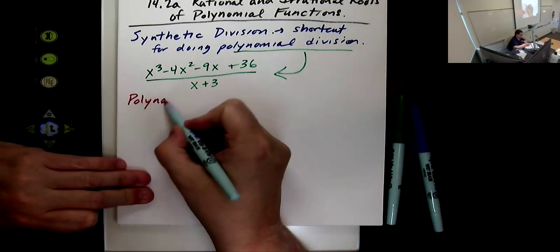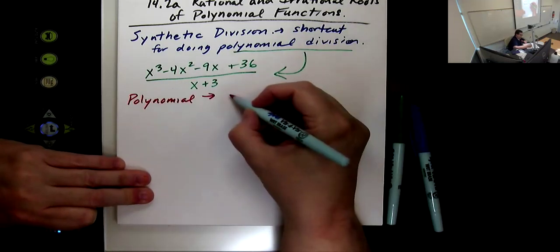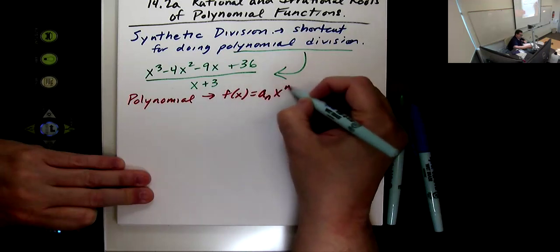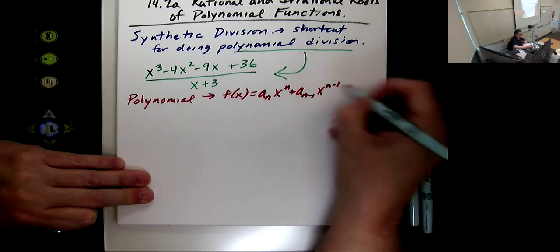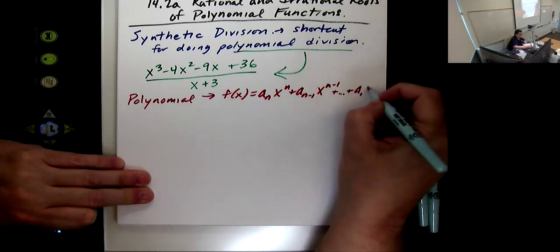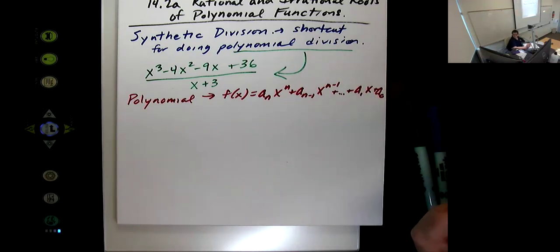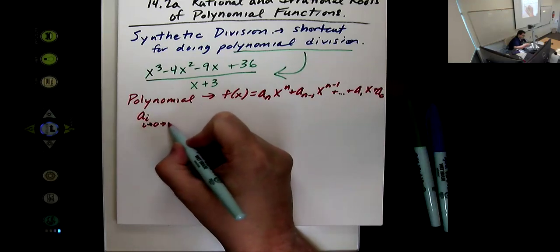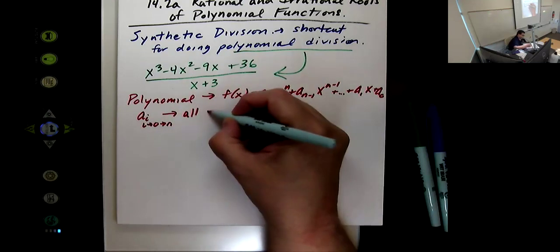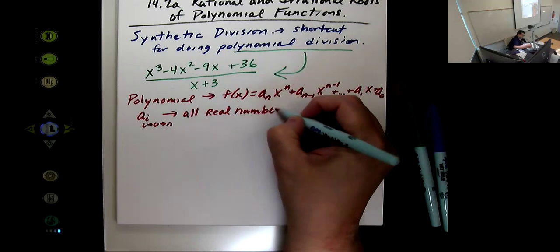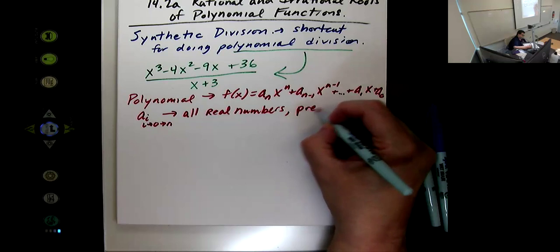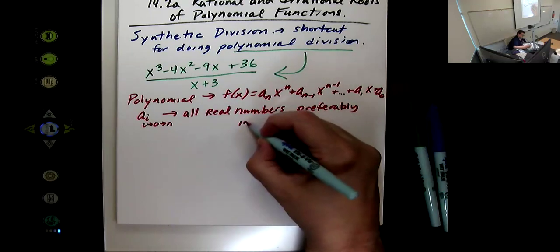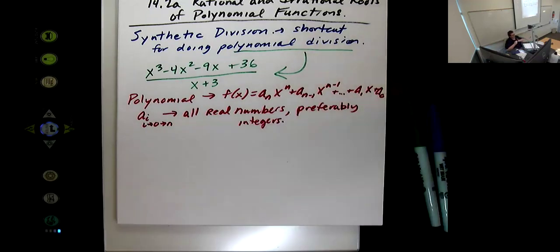A polynomial is an f of x in the form a_n x to the n plus a_(n-1) x to the n minus 1 plus dot dot dot a_1 x plus a_0. The a_i, where i goes from 0 to n, are all real numbers, and preferably integers for a lot of the stuff we do, but we can never force it to be an integer unless the situations are right.